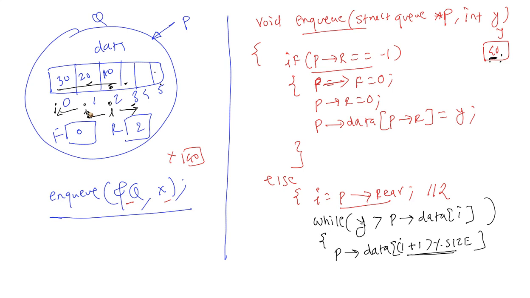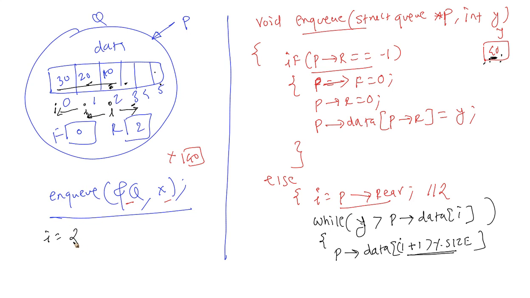I am decrementing I for comparing the elements at these locations with y, but insertion is happening at the I plus 1 location. So you see here in this example, I is 2 because r is 2.